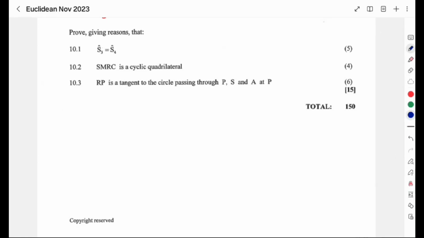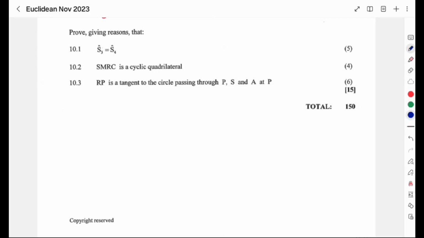Next, let us have a look at question 10.2. SMRC is a cyclic quadrilateral. So we need to prove that SMRC is a cyclic quad. There are three conditions by which we can prove that something is a cyclic quad: the converse of angles in the same segment, the converse of opposite angles are supplementary, and the converse of the exterior angle equals the opposite interior angle.